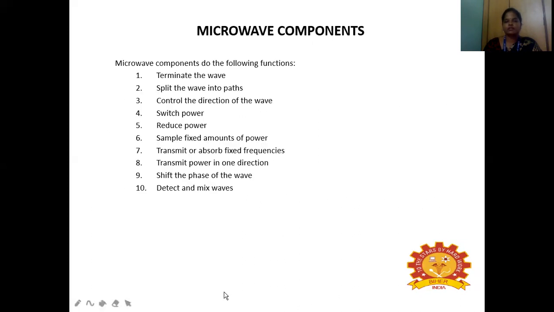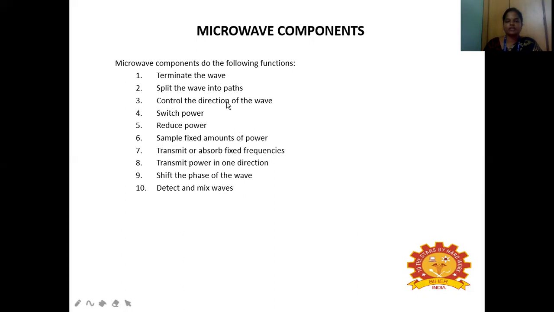Next, we will discuss the microwave components. The microwave components which are used will perform these functions. The first function is to terminate. A microwave component is used for terminating the wave, and we can split the wave into parts.